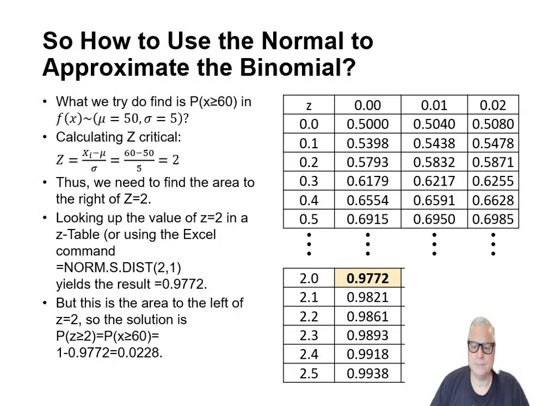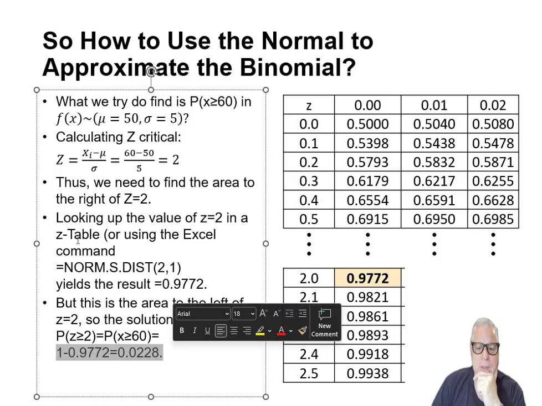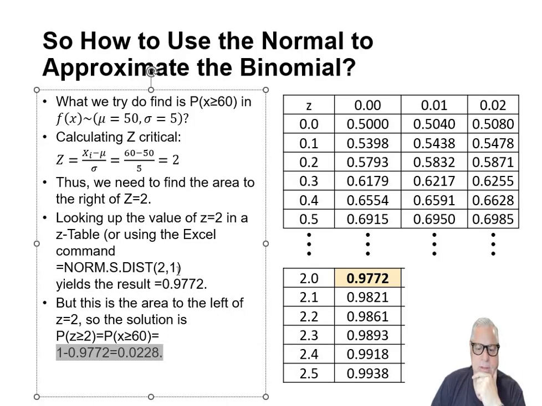Then we identified the z-score. We asked the question, okay, if I want to know the probability to get 60 or more, then I need to ask how many standard deviations that is above the mean of 50, and that is 2. Then we use the formula NORM.S.DIST. We can either subtract this from 1, or we use NORM.S.DIST for -2.